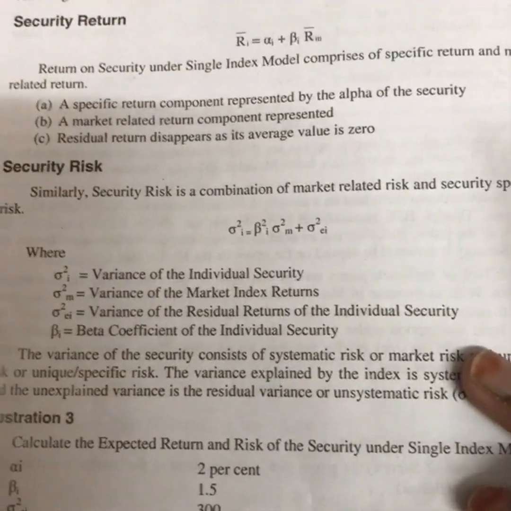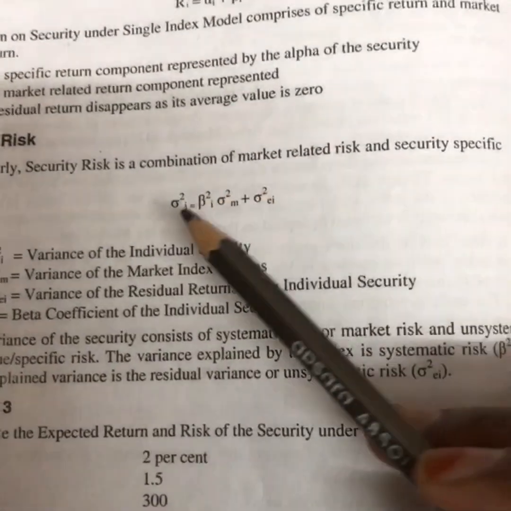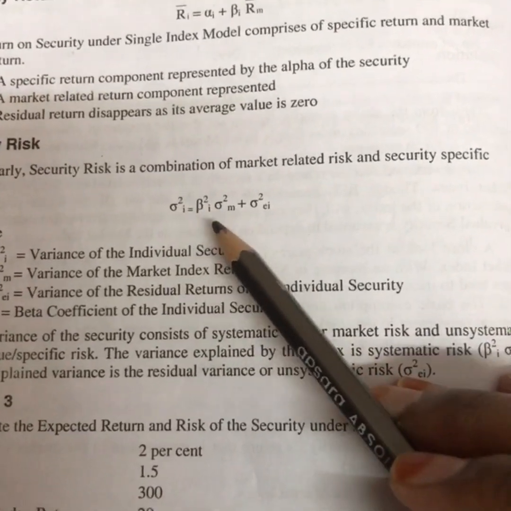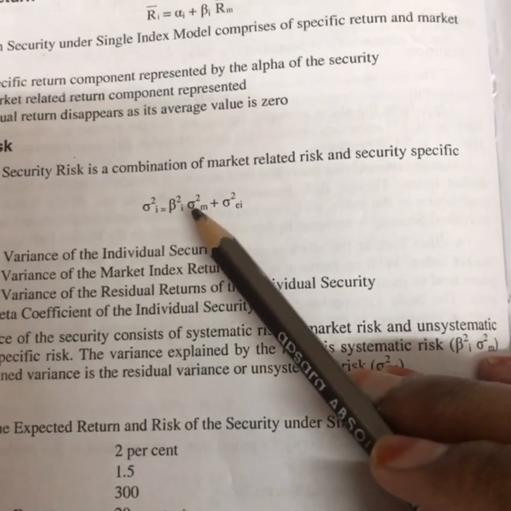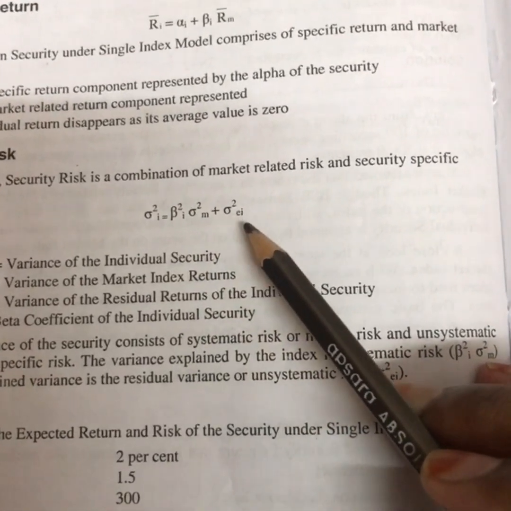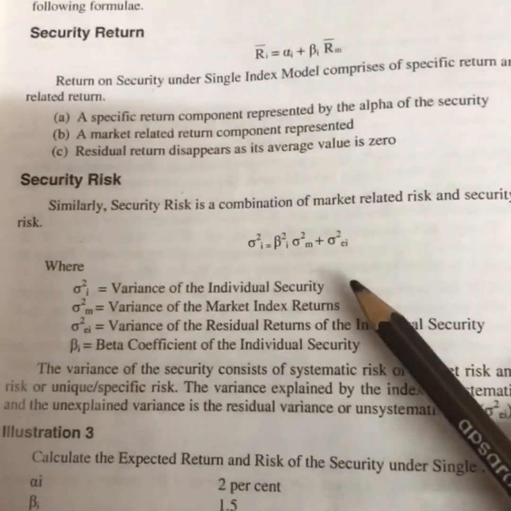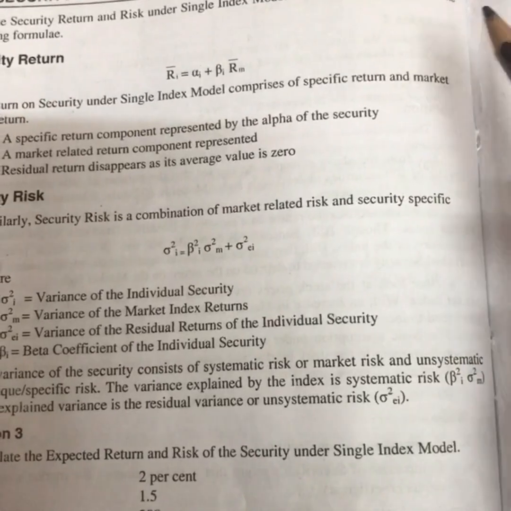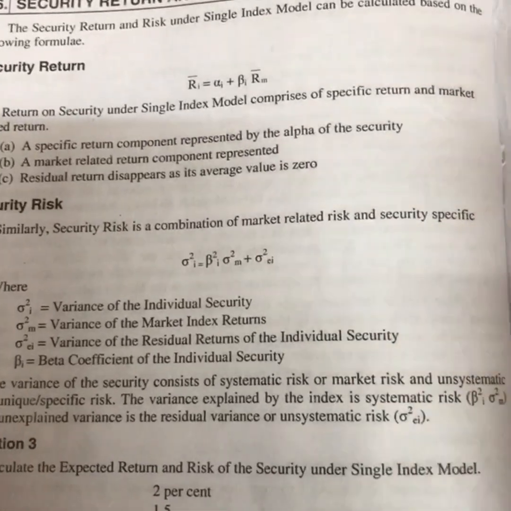Then for security risk, it is variance. Variance i is equal to beta i square, standard deviation square, that is variance M, plus variance Ei. This is the formula for your security risk. The best part under the single index model is that we just need to know the formula.